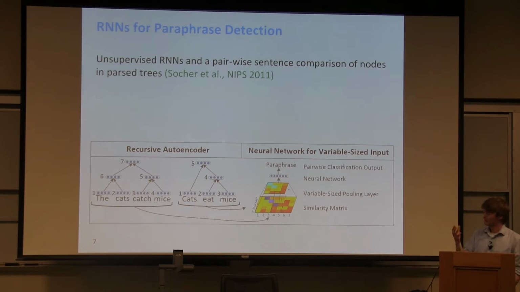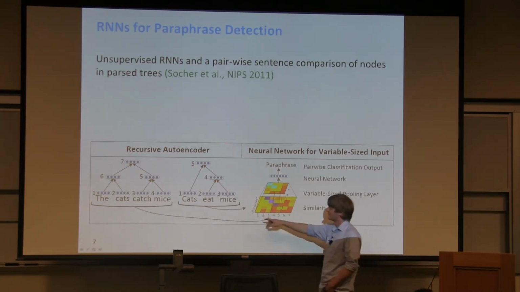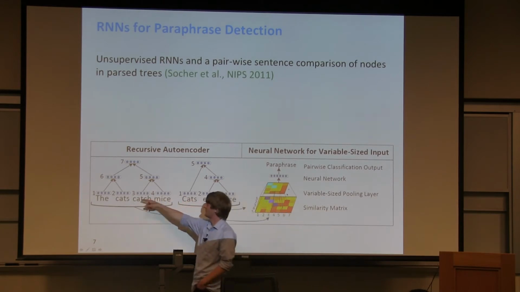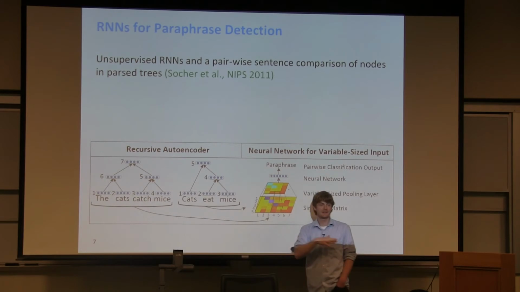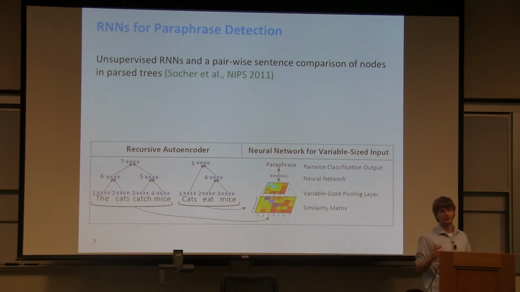So intuitively, we just need to make sure that all the information in one sentence is captured in the other sentence at some point in some specific order. But it's okay that there are a lot of words in this sentence that don't have any good match in the other. So 'mice', 'catch', and 'the' aren't in this one, but that doesn't hurt the fact that these 2 are similar. Does that answer your question? Cool.